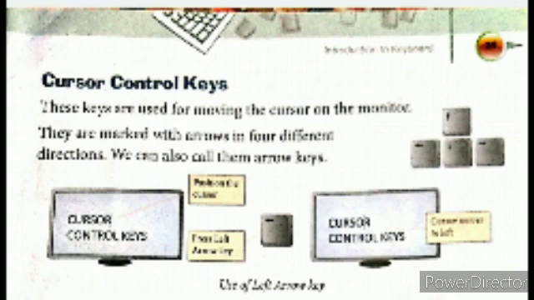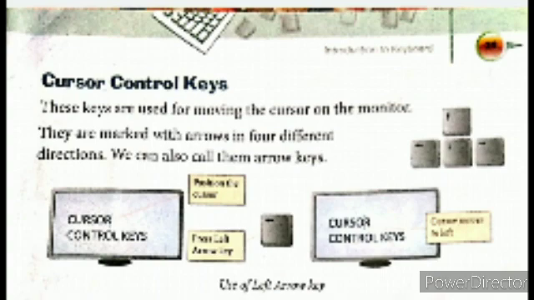So now we will see the use of left arrow key. Now you can see in the first screen the cursor is at the last of the alphabet R. When we are pressing the left arrow key, it will move the cursor to the left.